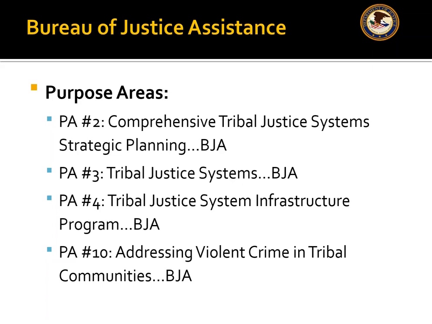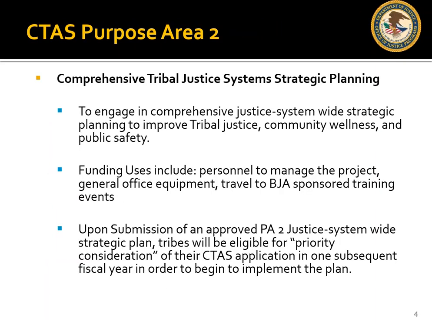And then there's purpose area 4, which is a tribal justice system infrastructure program, which many of you may know really involves the renovation, expansion, or replacement of justice facilities. And also purpose area 10, addressing violent crime in tribal communities, is a new purpose area. And Trish Thaxton will talk a little bit more about how that purpose area can be used to address crime in your communities as well. Trish, do you want to go ahead and talk about purpose area 2?